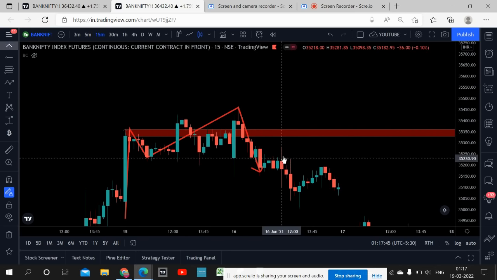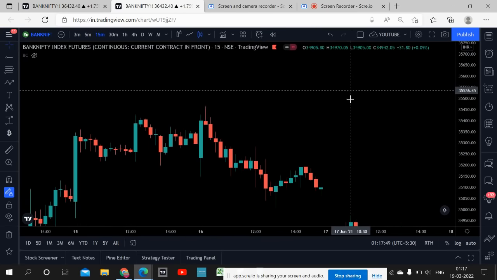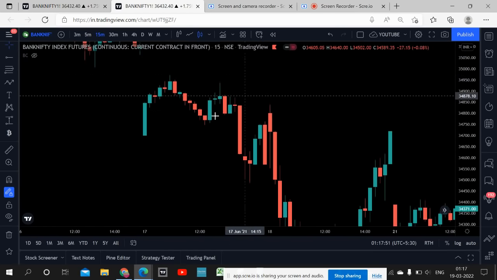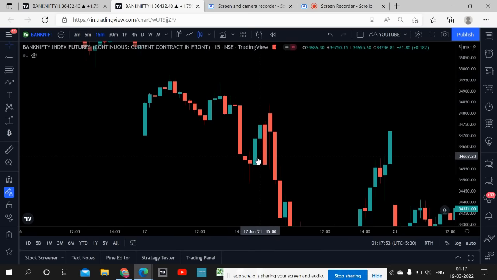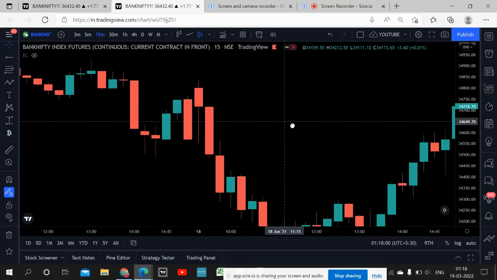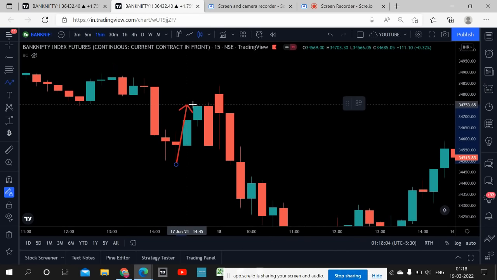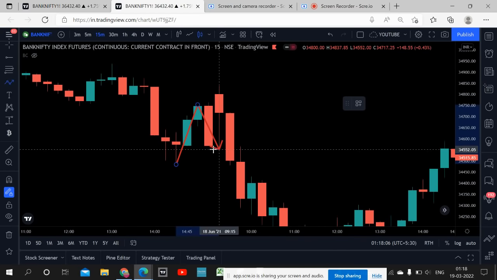Okay, there's no clear entry here. This is a very clear trend reversal. Up, closing, higher high.